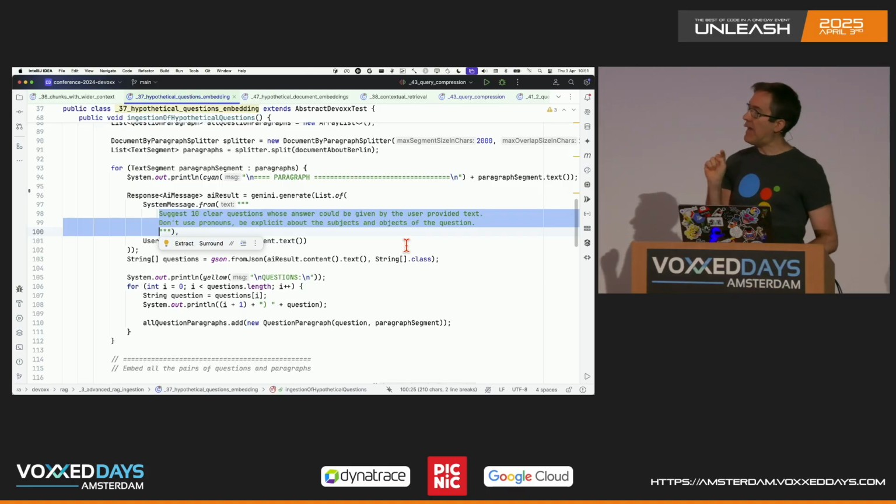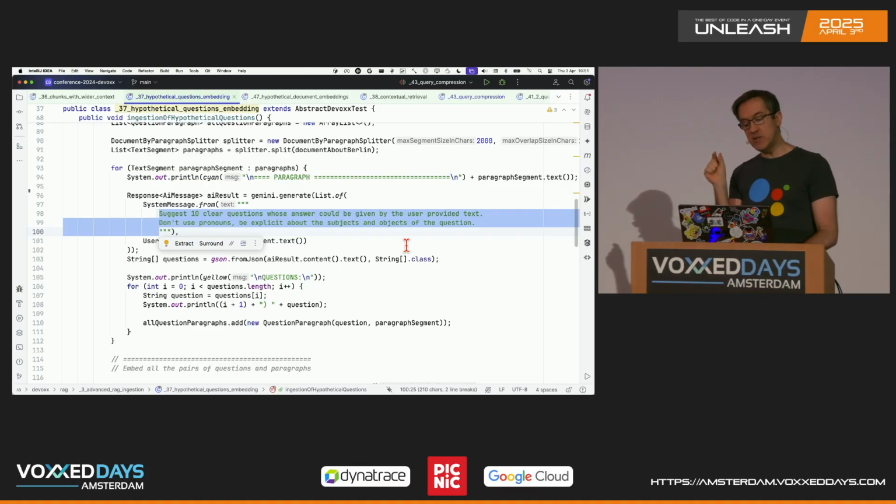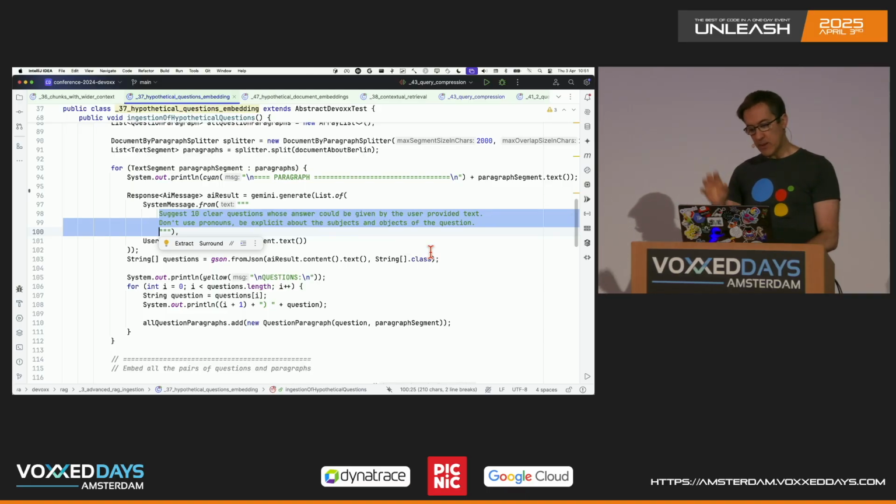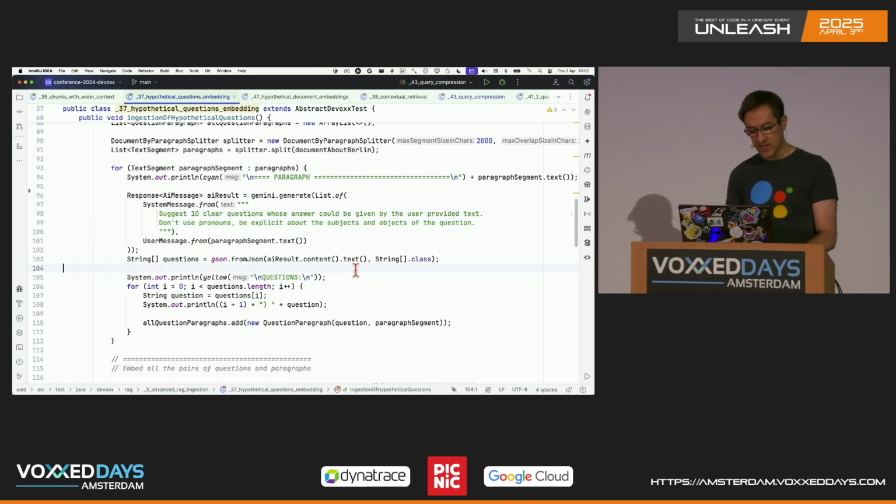And also I added this extra sentence, don't use pronouns, be explicit about the subject and objects of the question, because we don't want to have generated questions like, hey, what's the population of this city? Instead, you really want to have, what's the population of Berlin, Germany? So it's important to resolve the references, like pronouns, etc., to have all the information, all the context.